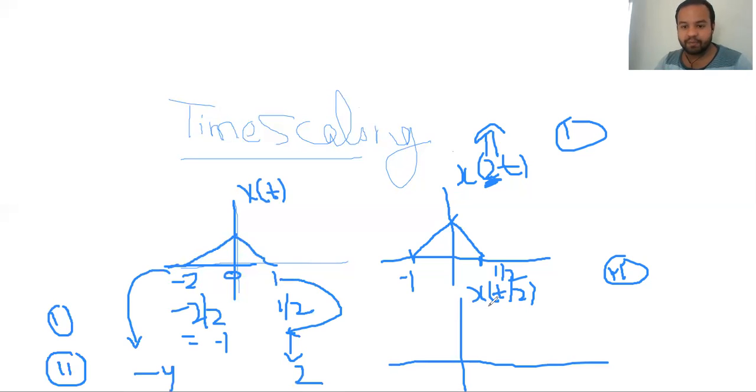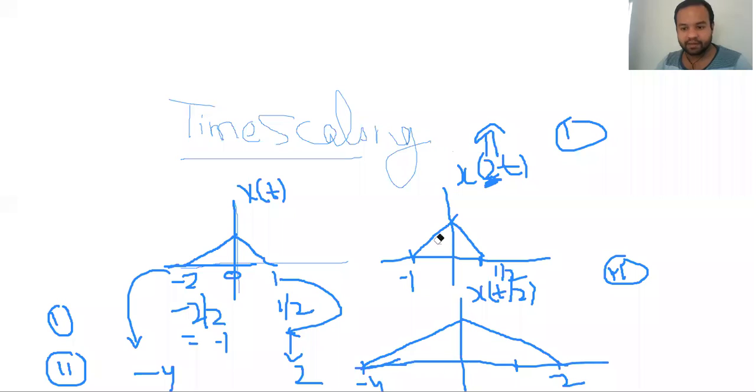The concept is the same. Whatever number is present with t, you divide the coordinates by that number. So here you will get 2, and suppose minus 4 is here. The shape of the signal will remain the same, because we have not changed the amplitude.